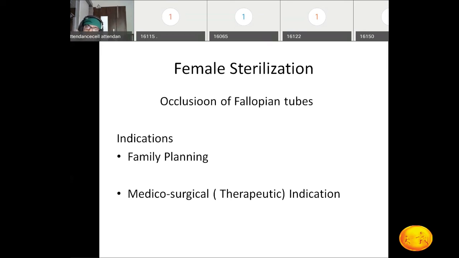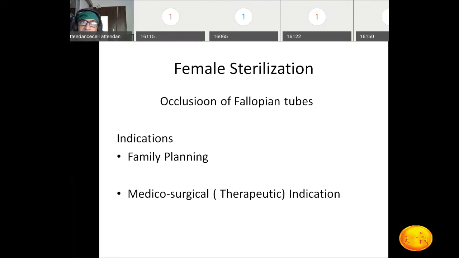But whoever conceives after the family planning operation, the incidence of ectopic pregnancy is more. But that doesn't mean that family planning operation increases the incidence of ectopic. In fact, female sterilization prevents all types of pregnancies, intrauterine as well as extrauterine. But if you want to say something else, that's why I am asking.